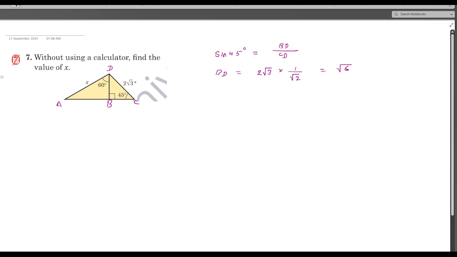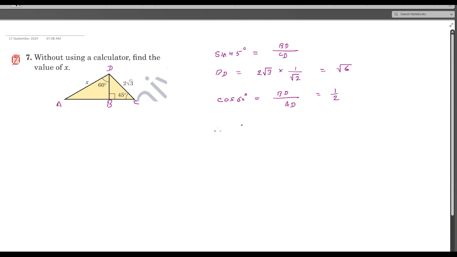Now in triangle ABD, adjacent and hypotenuse are in relation, so we will use cos. We will say that cos of 60 degrees is equal to BD divided by AD. So this cos 60 is 1 by 2. Cos 60 is what? 1 by 2.